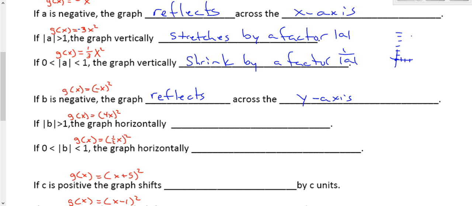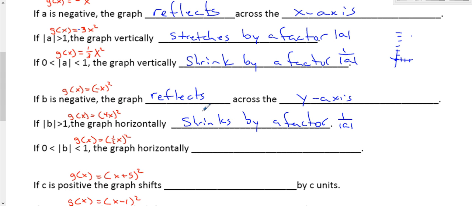If the absolute value of b is greater than 1, so if we have 4x inside and then squared, the graph horizontally shrinks by a factor of 1 over the absolute value of b.